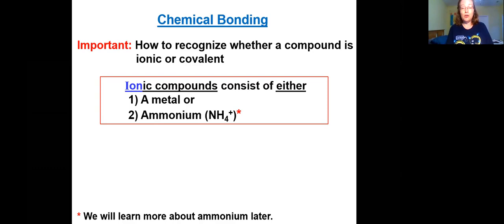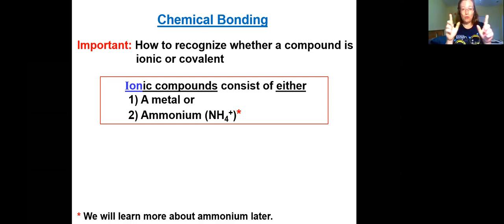Either it will have a metal in it. So again, you have to know which elements are metals. Or it's going to have something known as ammonium. This is a collection of a nitrogen and 4 hydrogen atoms that are bonded together. It has a special name and a special charge. We're going to learn more about it soon, but not just yet.